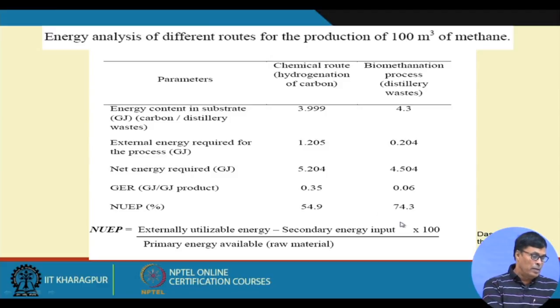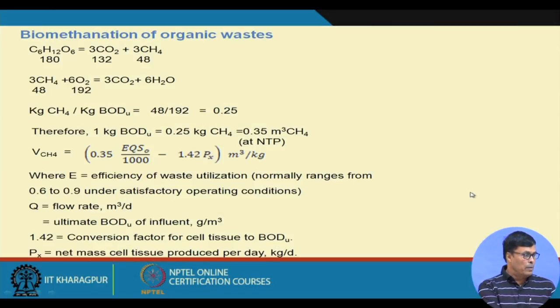That means the energy that you get in the form of methane you can largely use for other purposes, because the energy you recovered in the form of methane is large, and a smaller amount of energy is required for meeting the energy requirement of the process. This is how we can justify that the biological process is more attractive as compared to the chemical process.